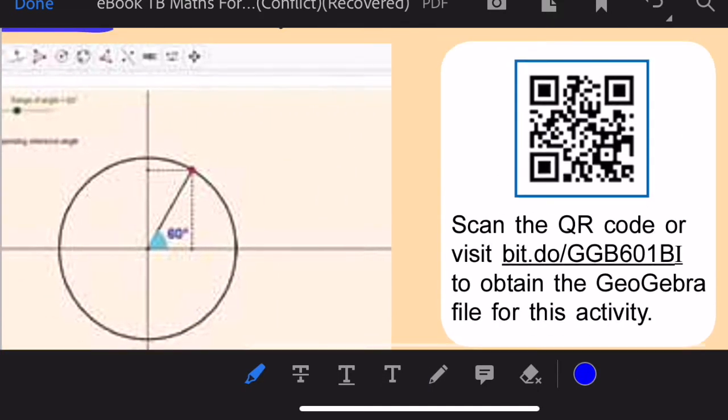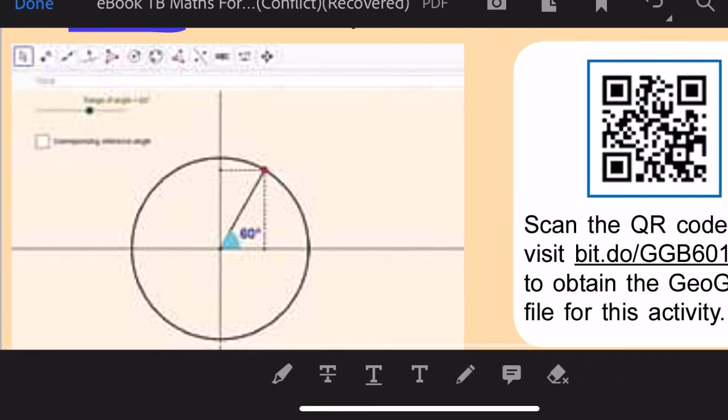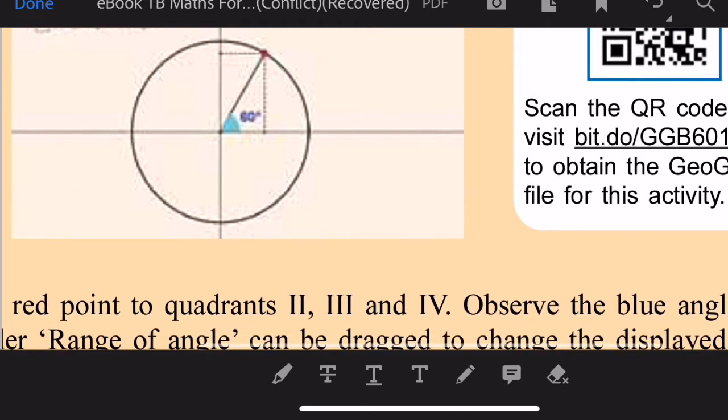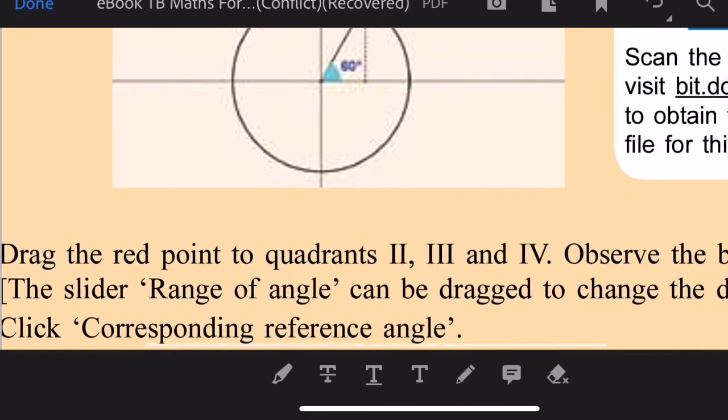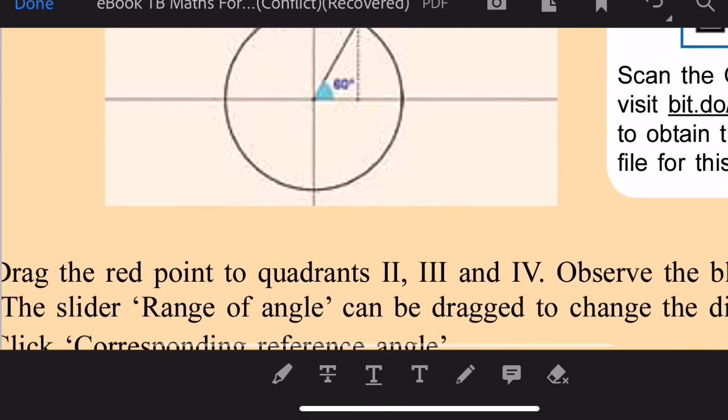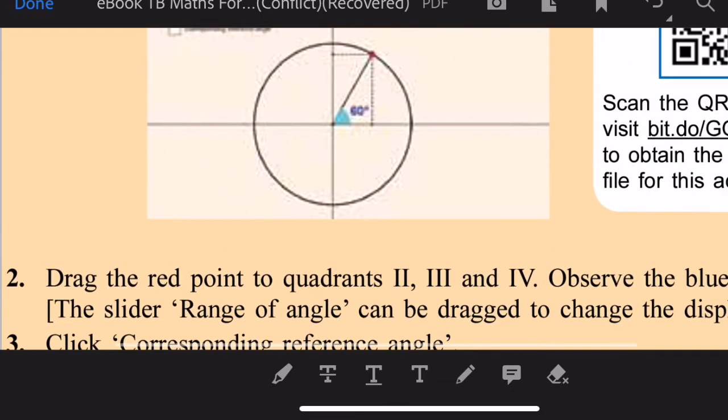Later I will show you about the activity. This activity is very good because it helps you have a better understanding about the reference angle and also the relationship between the reference angle and the quadrant. We need to drag the point. There is a red point, can you see that?